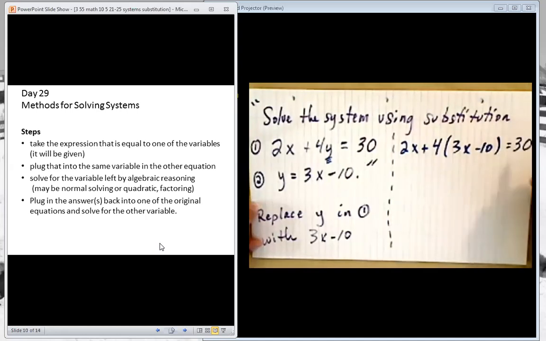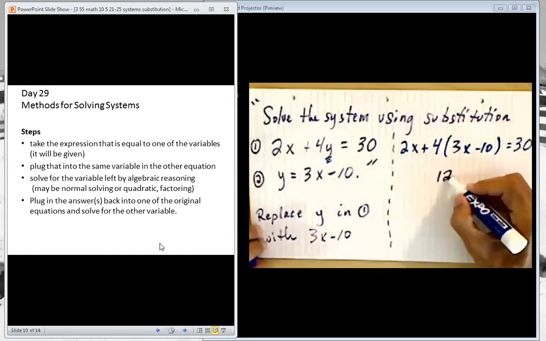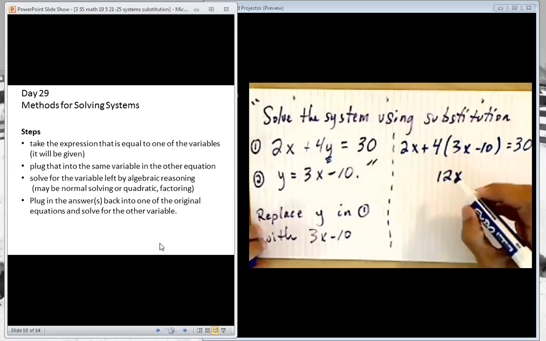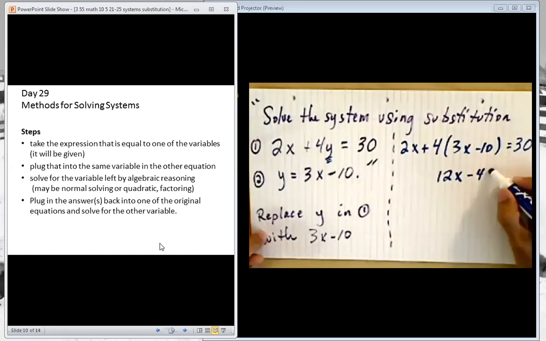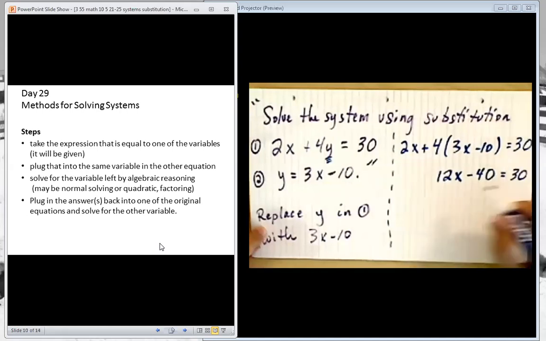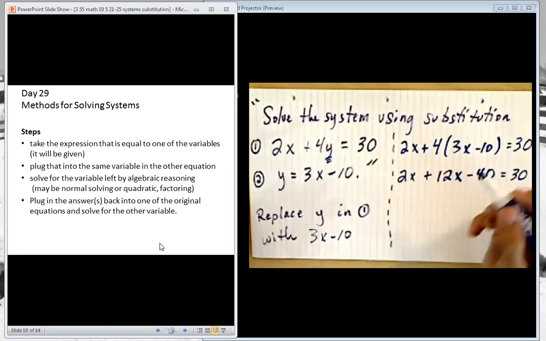Nice. So 4 times 3 is 12x minus 14, minus how much? Minus 14. There we go. And 30. And then this 2x is going to stay there as well. Yeah, exactly.